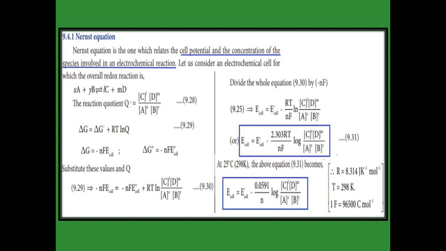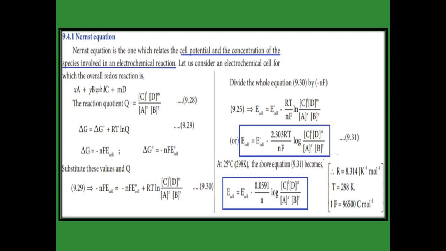So finally we get the Nernst equation by applying the R value, T value and Faraday value. We get E cell equal to E naught cell minus 0.0591 divided by n log of concentration of C into concentration of D divided by concentration of A into concentration of B. R value is 8.314, T value is 298 Kelvin and 1 Faraday value is 96,500 coulomb.